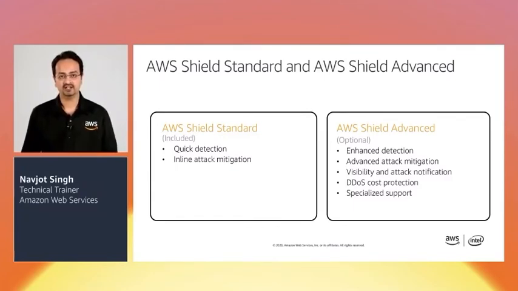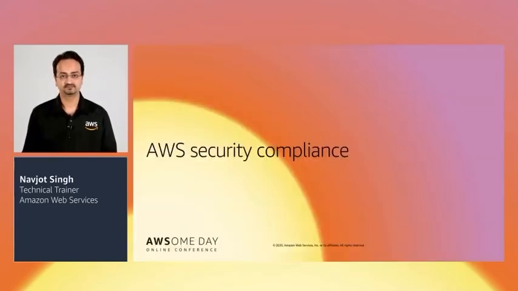With Shield Advanced, customers have access to a DDoS response team 24/7 that can assist when they are under a DDoS attack. With cost protection, any cost a customer incurs due to a DDoS attack, for example scaling out, AWS will cover the cost.